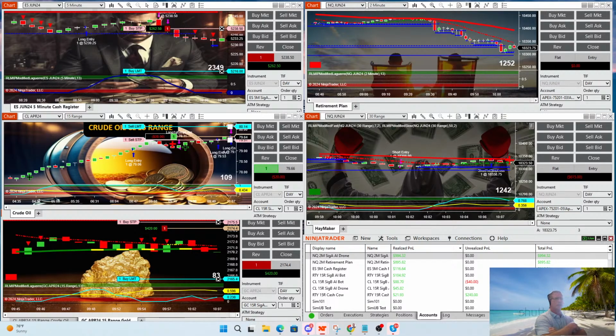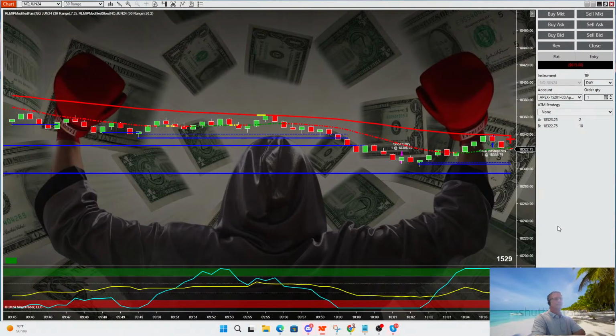Look at that. Came right up and got me. Right up to the 50. Now it's doing a short roll.